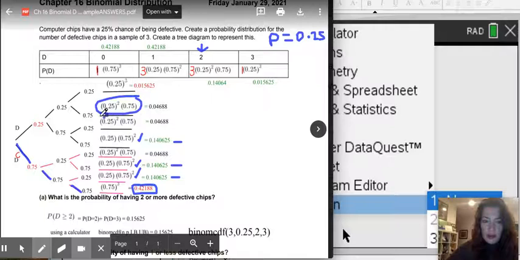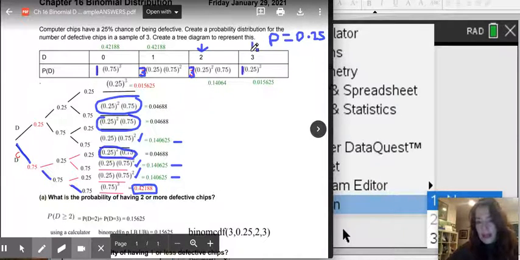There's one here. There's another one here. And there is a third one here. So there's 3 ways that that could happen, which is why I have the coefficient 3 here. So if you remember Pascal's triangle that I mentioned before, that would be in the 3rd row, and your coefficients would be 1, 3, 3, 1.